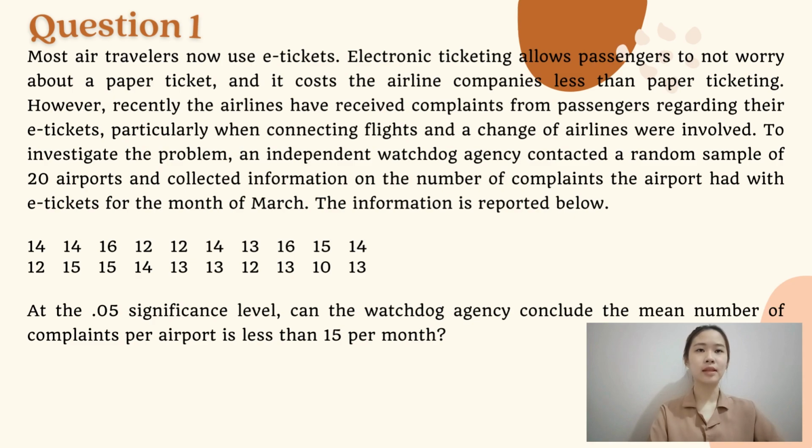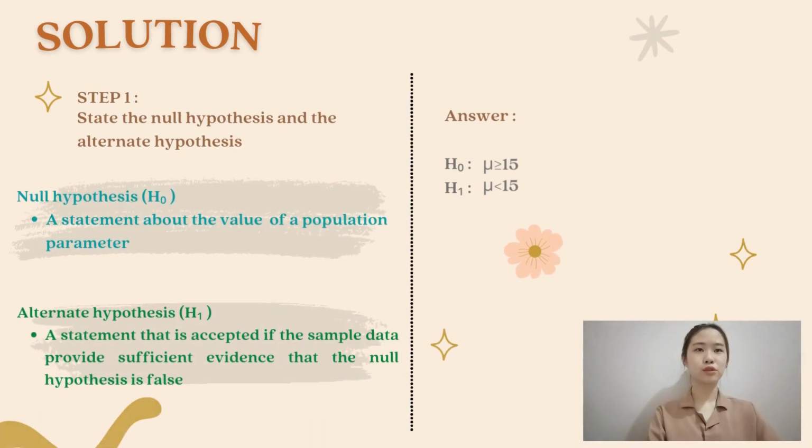To investigate the problem, an independent watchdog agency contacted a random sample of 20 airports and collected information on the number of complaints the airport had with e-tickets for the month of March. The information is reported below. At the 0.05 significance level, can the watchdog agency conclude the mean number of complaints per airport is less than 15 per month? Here are the solutions for question 1.